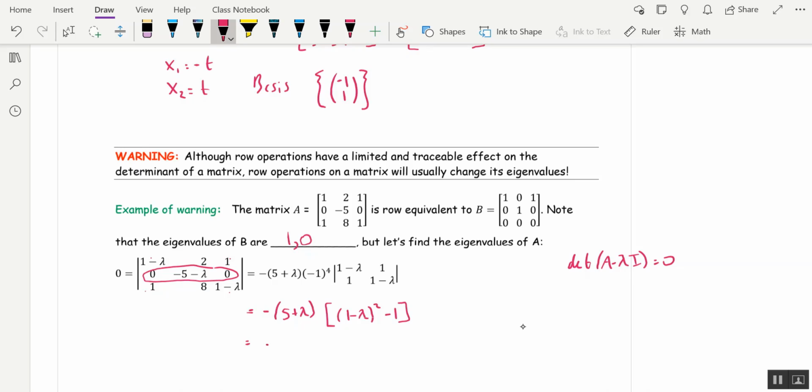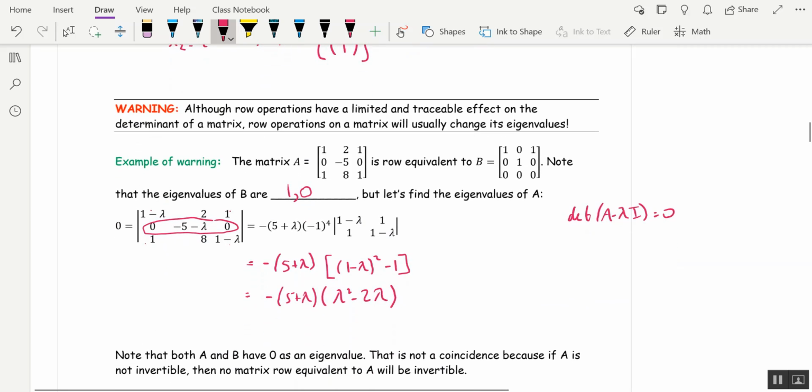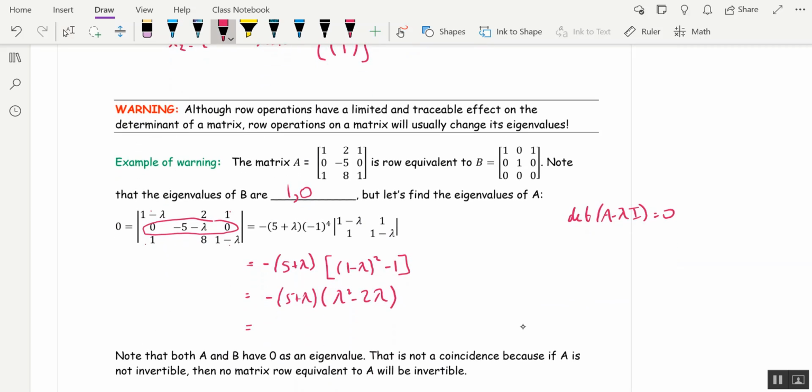All right, so now we'll clean that up. Negative 5 plus lambda. And then this is going to give me lambda squared minus 2 lambda plus 1, but then minus 1 is just that. Okay, so that's equal to, now I'm going to factor this, negative 5 plus lambda. I can pull a lambda out, and then I'm left with a lambda minus 2.